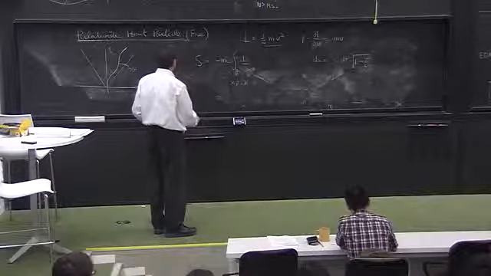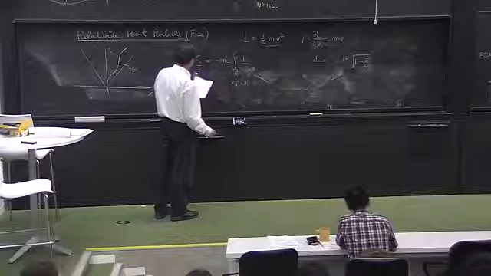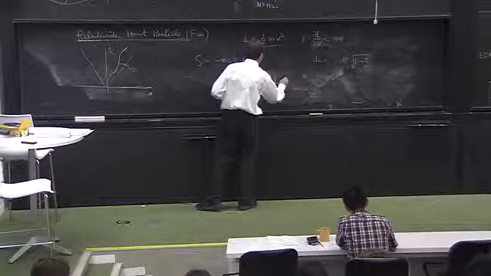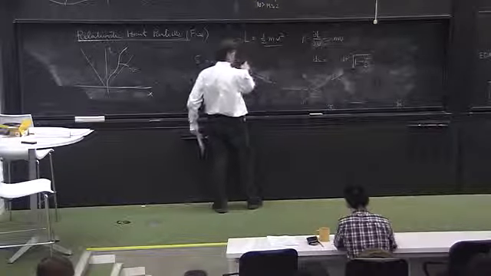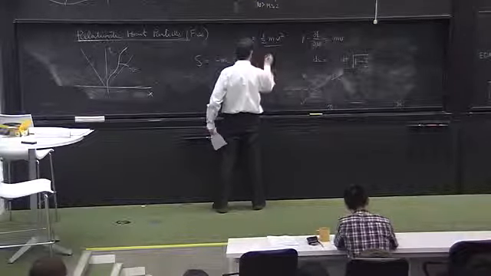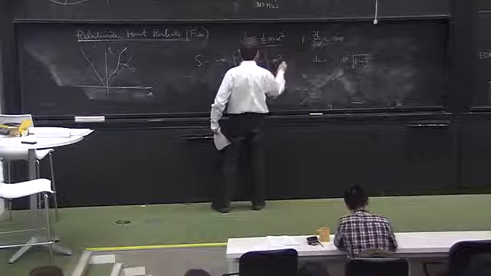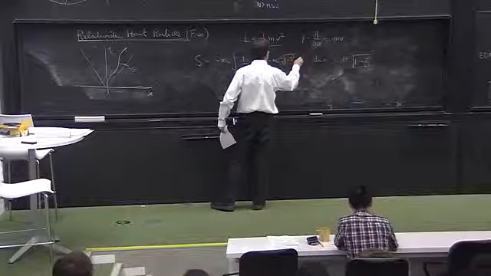So if I want, now I can write this in a more conventional way. I could say the Lagrangian, well, this whole S would be equal to minus mc squared, square root of 1 minus v squared over c squared dt.